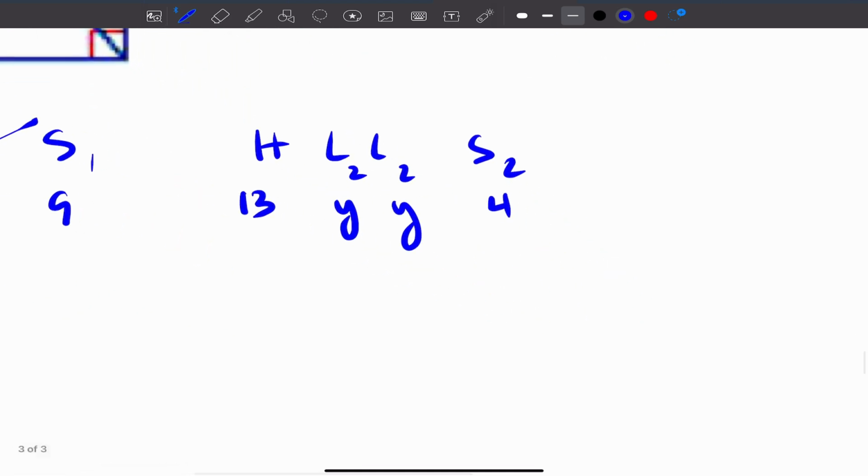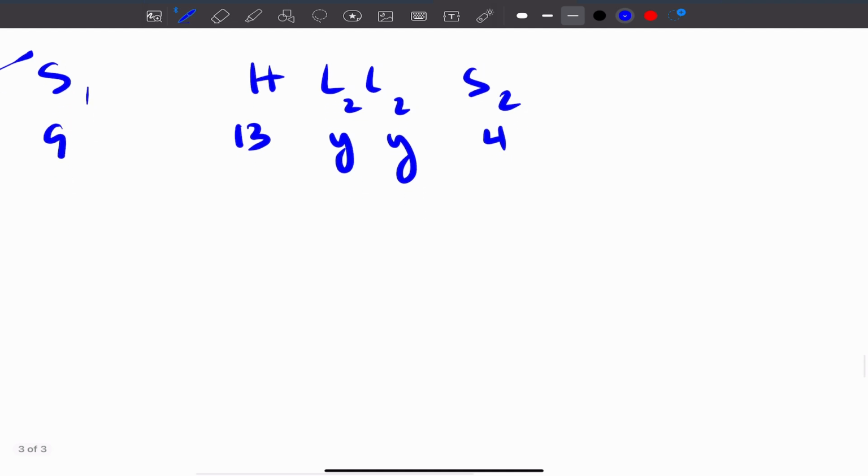I'm just going to pay attention to the hills with subnotation 2 that I filled in. So it's H over L2 equals L2 over S2, so 13 over y is equal to y over 4.